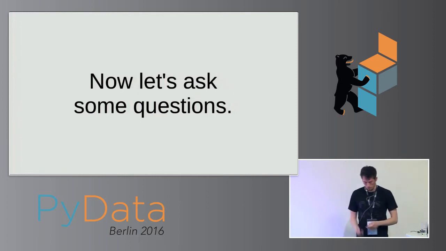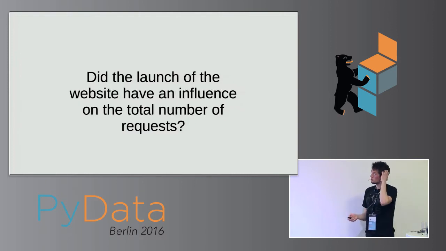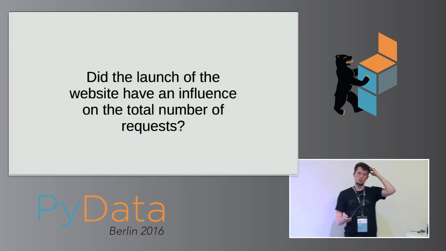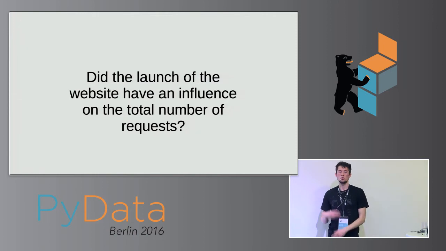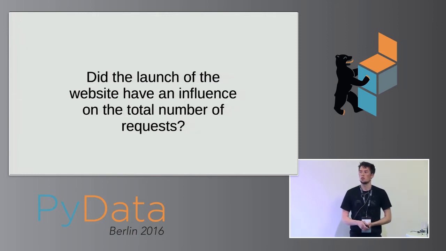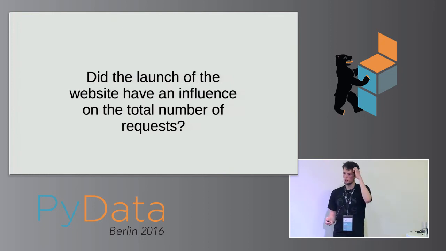So first, a broad question would be, did the website maybe have an influence on the total number of requests? The law for freedom of information in Germany exists since 2006.